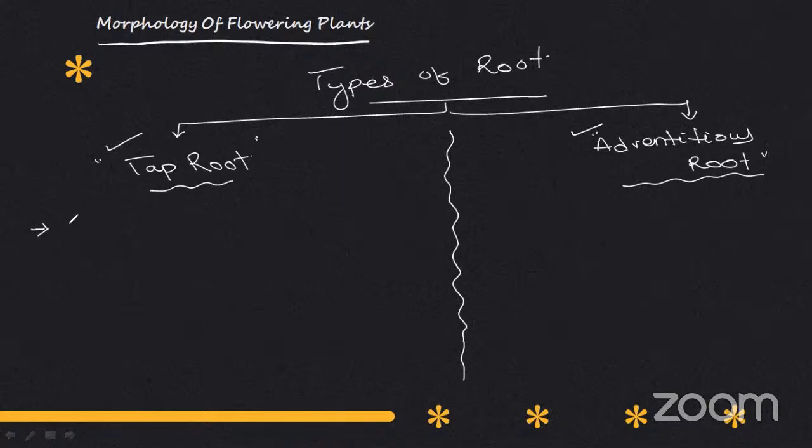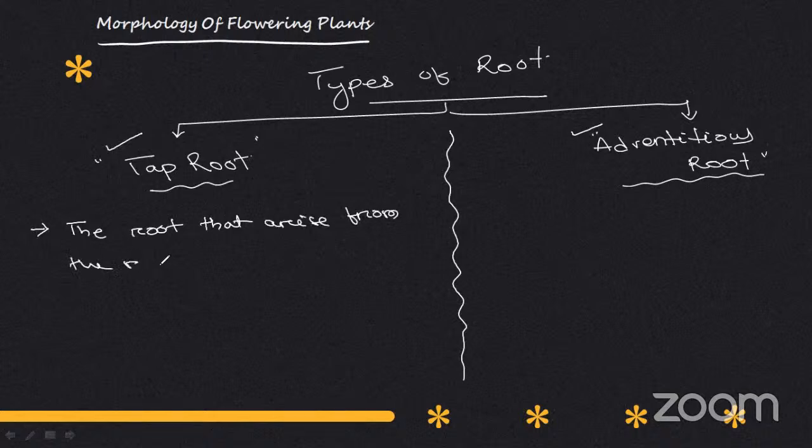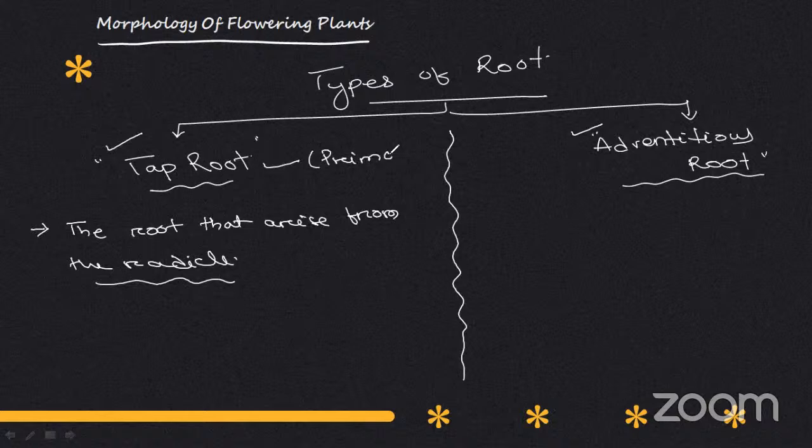Tap root means the root that arises from the radicle. The root that arises from the radicle is known as your tap root, or this tap root is also your primary root.